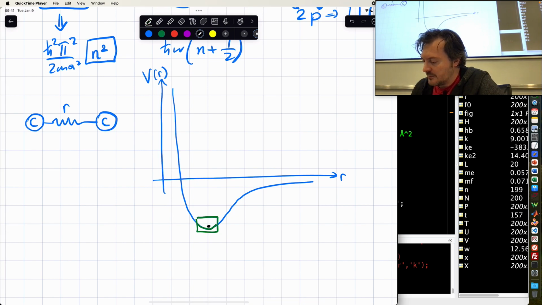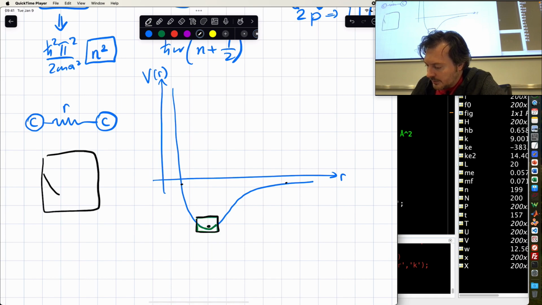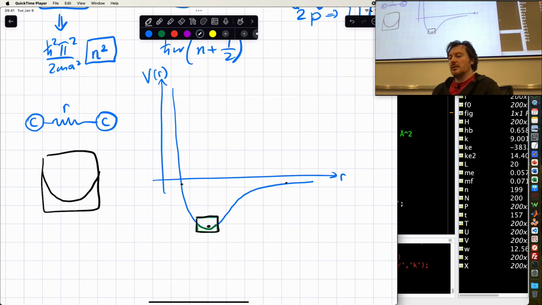It just jiggles around there. It doesn't go around here. So if you look at this particular part, it looks very similar to a harmonic potential because the second derivative is non-zero. First derivative is 0 because that's where the force is 0, right?